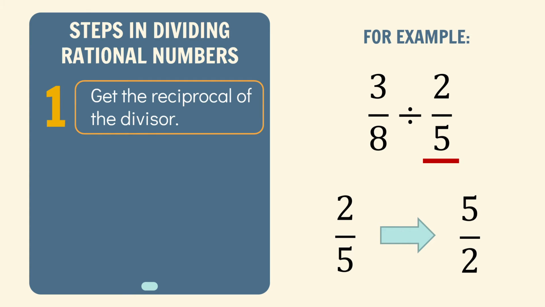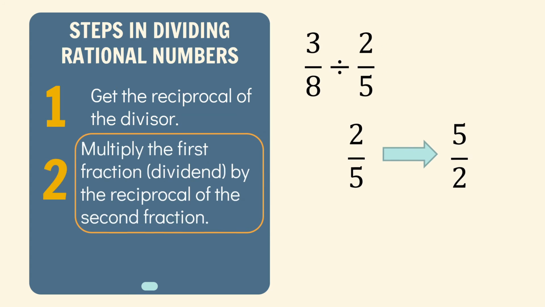Next step is to multiply the first fraction or dividend by the reciprocal of the second fraction. So getting the dividend 3 over 8, we will multiply it to the reciprocal of the divisor 2 over 5, which is 5 over 2.